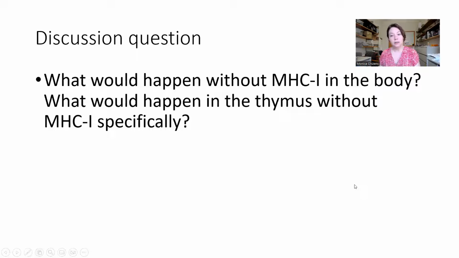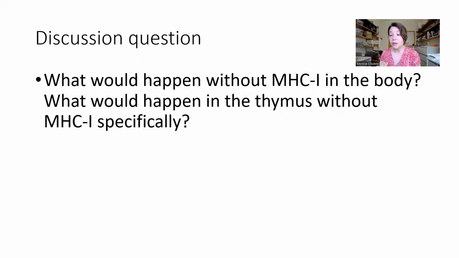So this is a serious discussion question. What would happen without MHC class 1 in the body? You would never get CD8 T cells. And a person without CD8 T cells would be more likely to get serious viral infections.